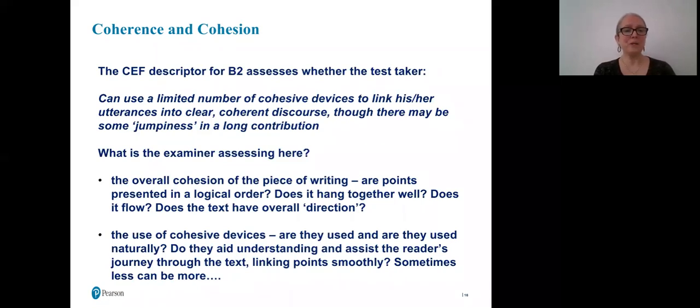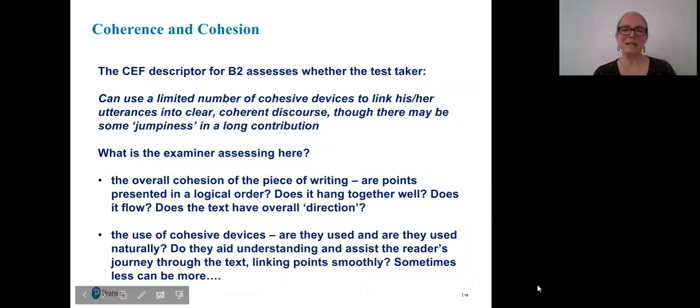We're also looking at the use of cohesive devices. We're looking to see whether they're being used, but importantly, whether they're being used naturally. Do they assist understanding? Do they aid the reader's journey through the text? They help connect paragraphs and link points smoothly.